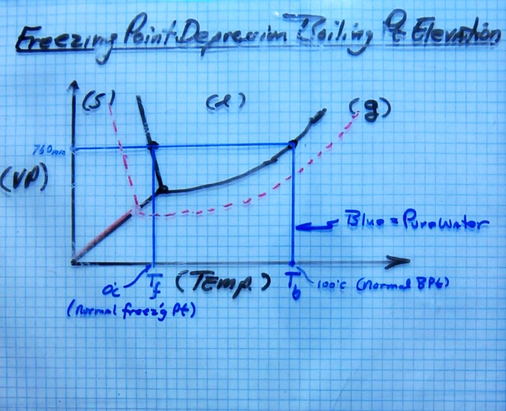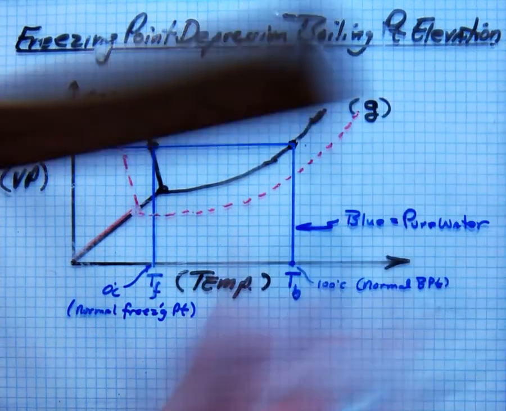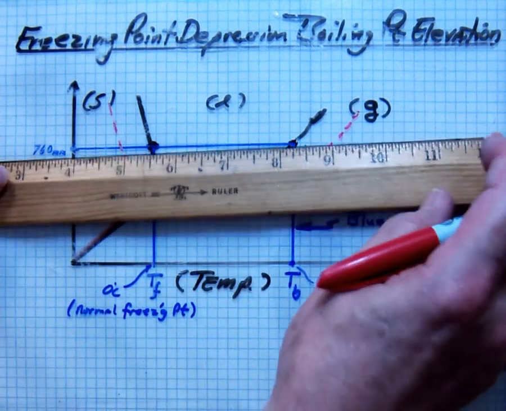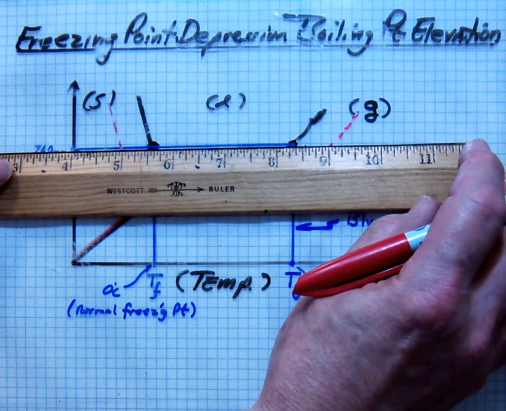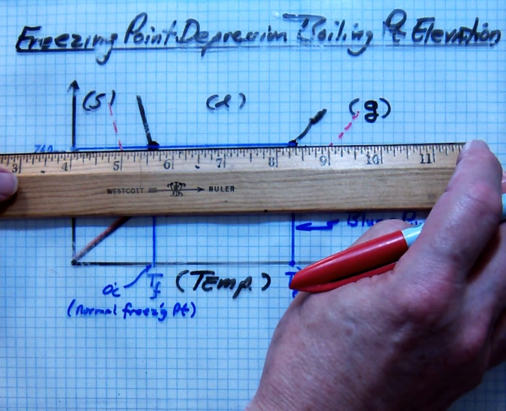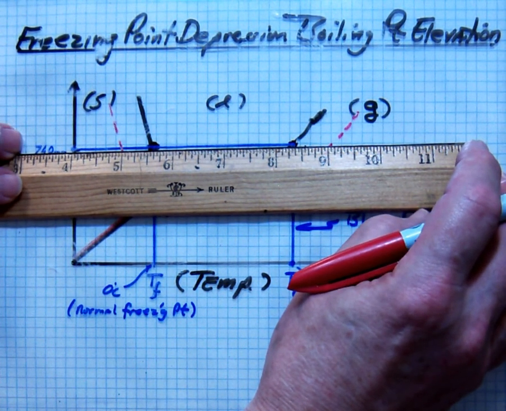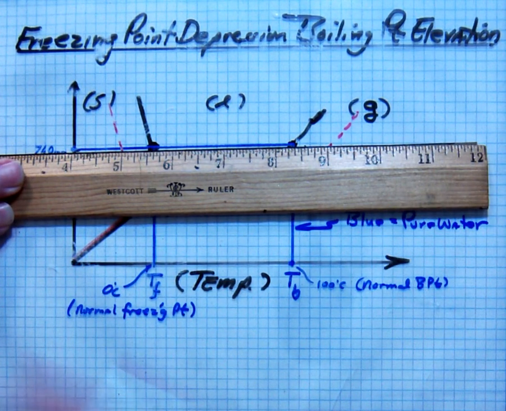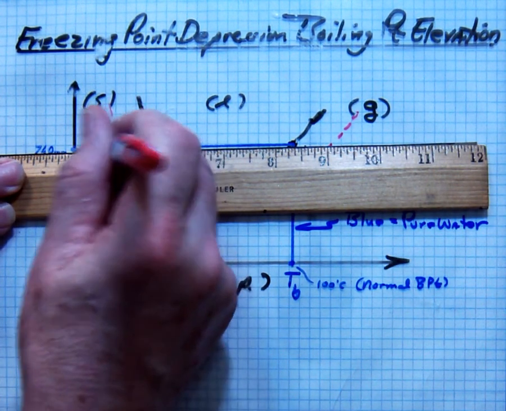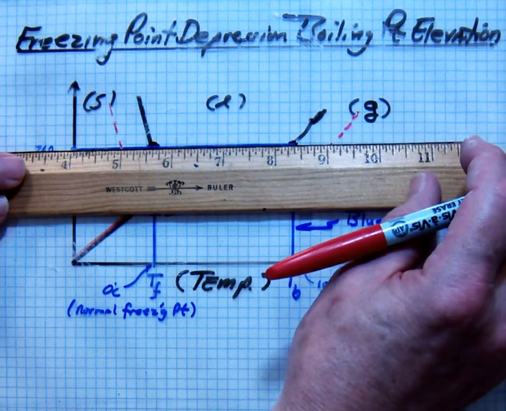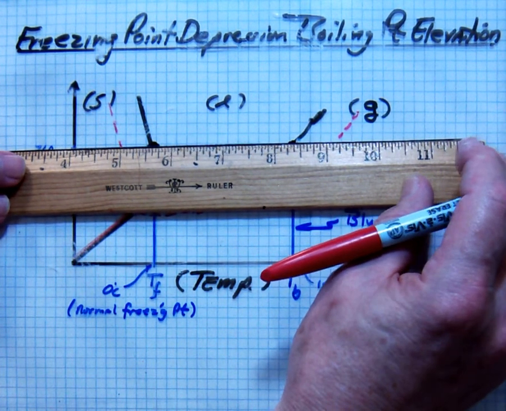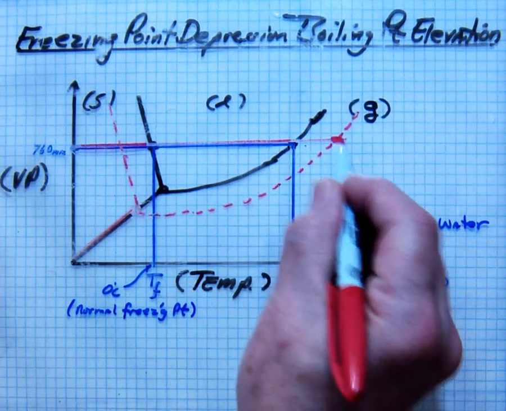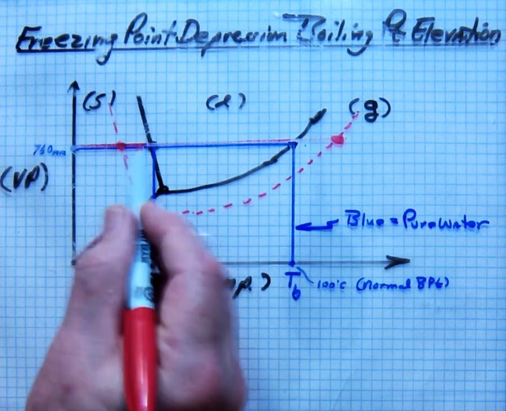All right, now what I'll do is extend this line at atmospheric pressure. Now it's still going to boil when the vapor pressure of the solution gets to the vapor pressure of the atmosphere. But because it's more difficult to get the solvent out because of the presence of the solute, you'll see a different boiling point and a different freezing point right here.